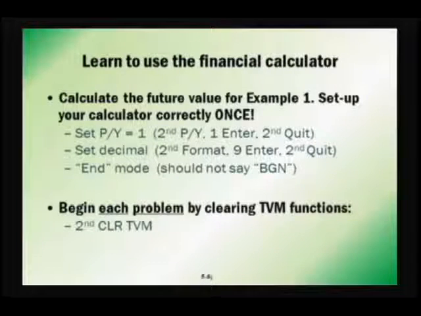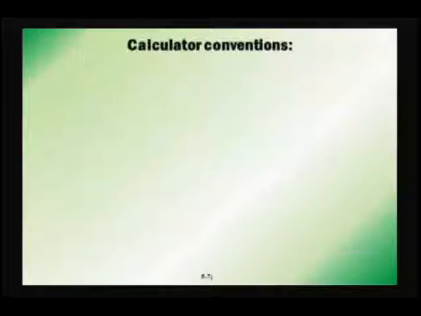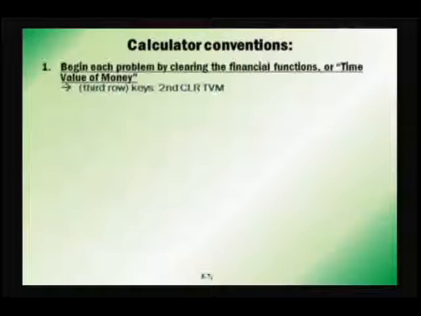Some things to remember with your calculator. Always begin each problem by clearing the financial functions, or that third row. I just showed you how to do that. Second, clear time value of money. Your calculator will remember numbers from previous problems.